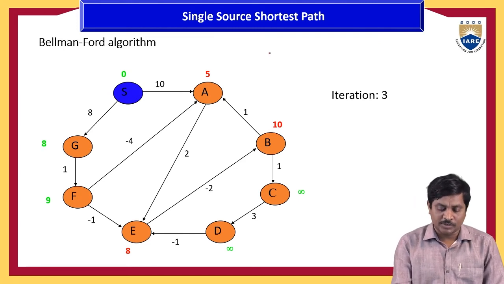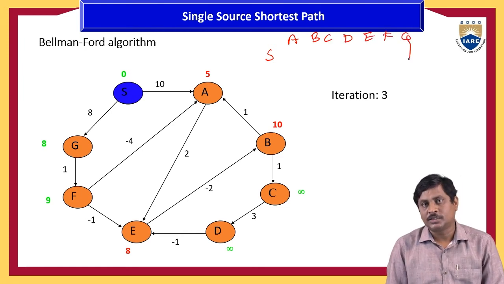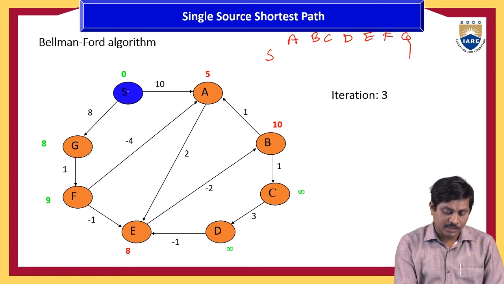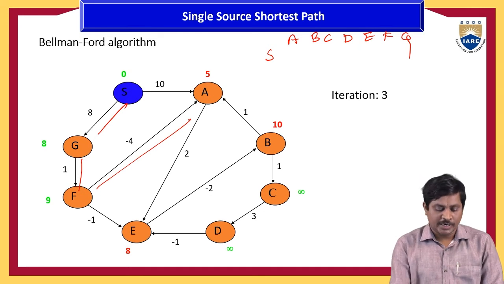So 2 mediator nodes means here S, A, B, C, D, E, F, G. S to A, 2 mediator nodes. Here 10, but here we'll consider 8. S to G 8, then G to F, F to A. So 8 plus 1, 9, 9 minus 4, 5.